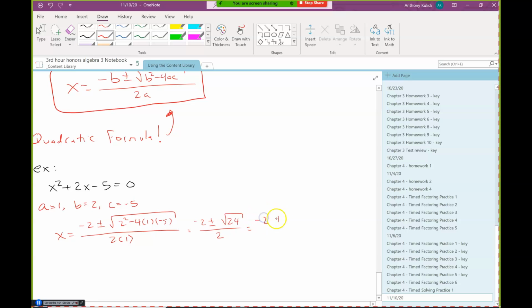And then I'm going to write these as two sections since they both have the common denominator. So negative 2 over 2 becomes negative 1. And 2 root 6 over 2 just becomes root 6. And there's our same answer that we got before, with, I would consider, considerably less work. Isn't that nice?